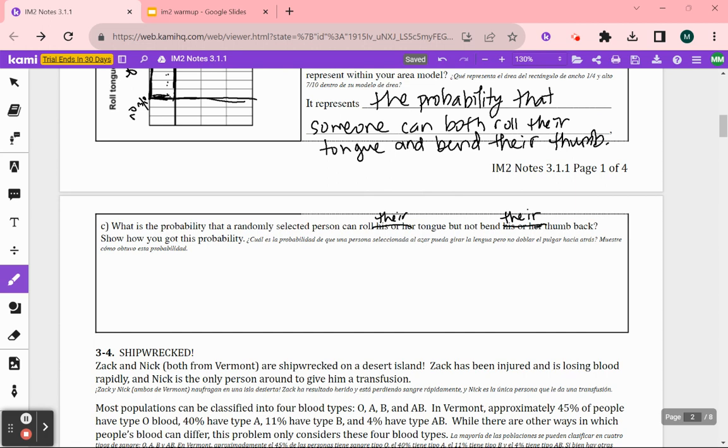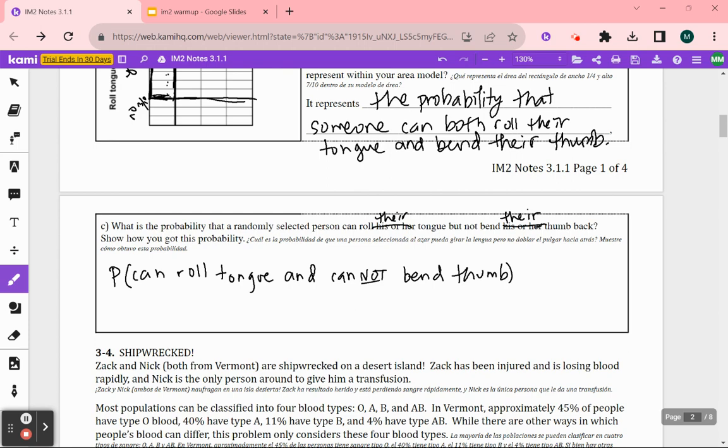Well, let's see. This is the probability that someone can roll their tongue and cannot bend their thumb.